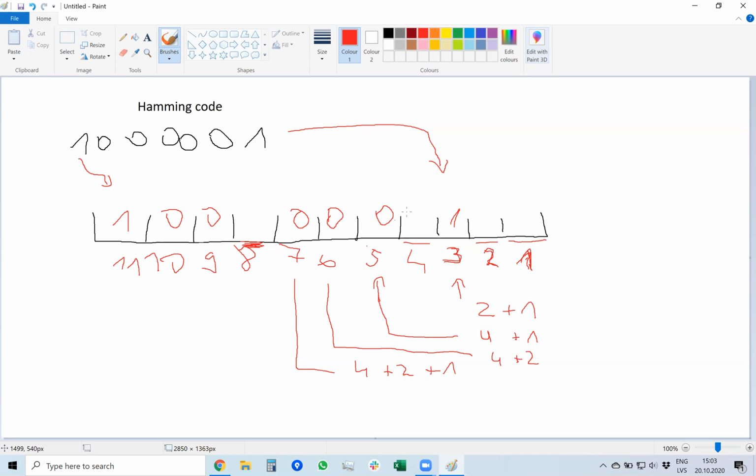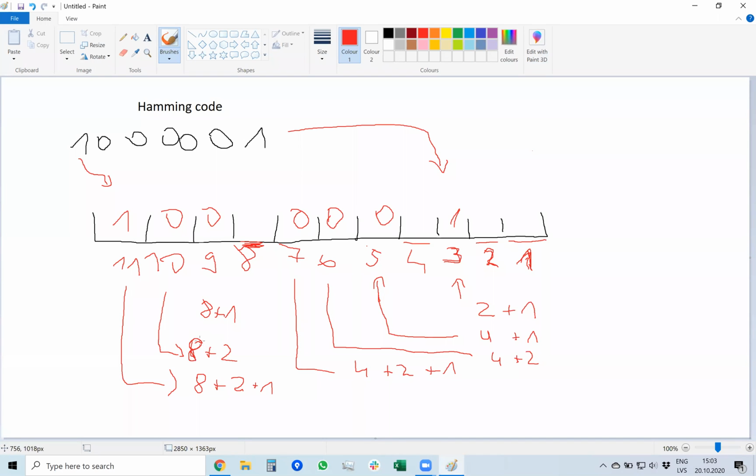So some bits will be only parity and some bits are only data bits. So 8 is a power of 2, so this will be used for parity. 9 is 8 plus 1. 10 is 8 plus 2. And 11 is 8 plus 2 plus 1.